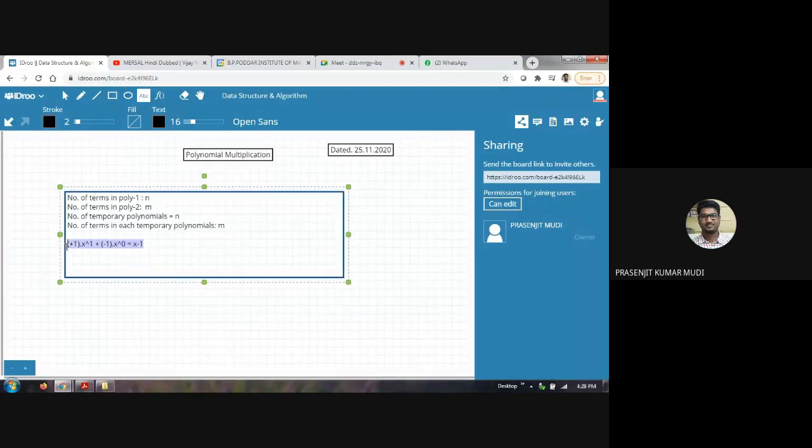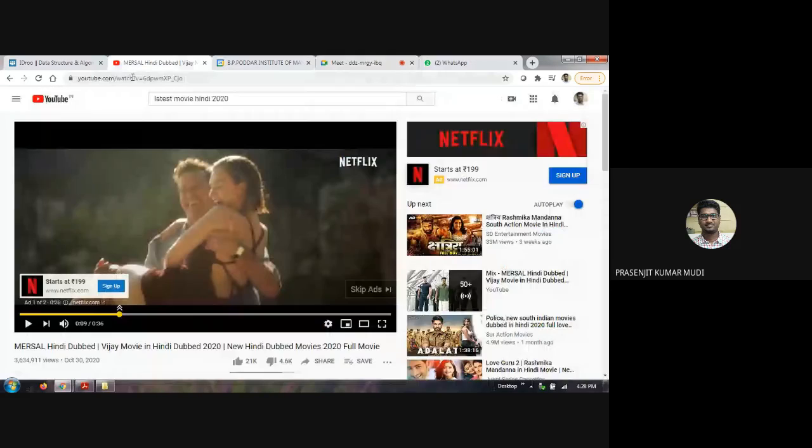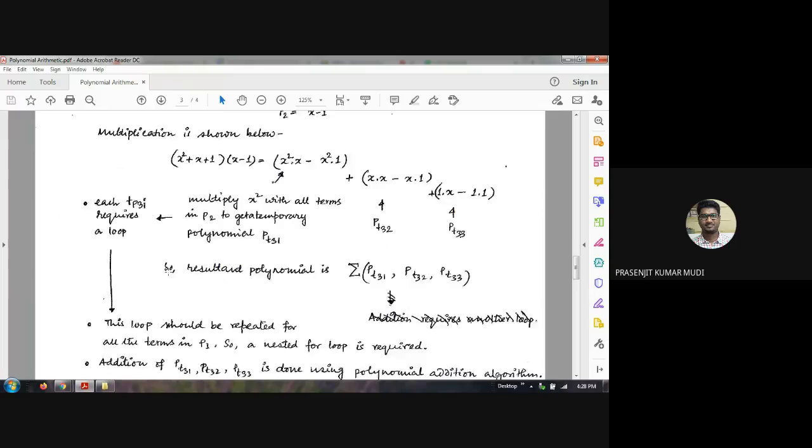So you don't have to bother about the minus sign. The user will take care of that minus sign. You as a programmer will consider that all the terms are being added. You don't have to think that these 2 terms are subtracted, x and minus 1. It is x plus minus 1. So make it very clear.